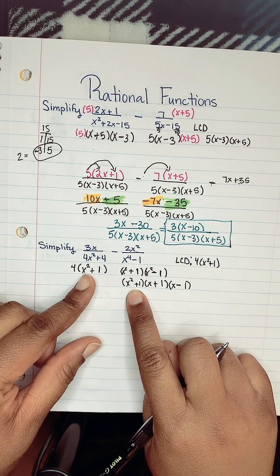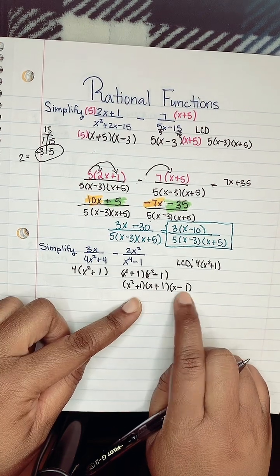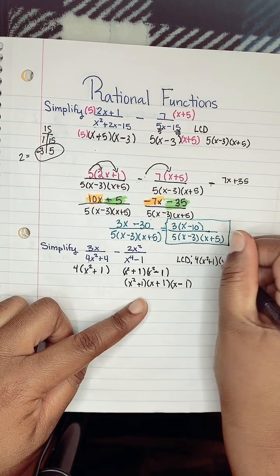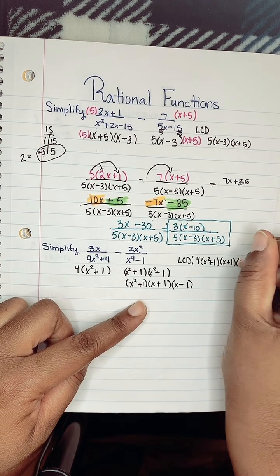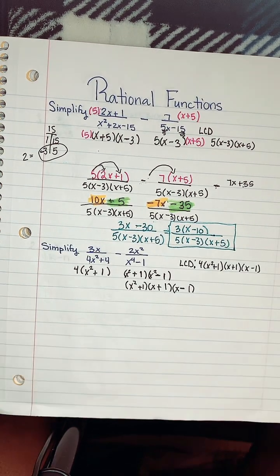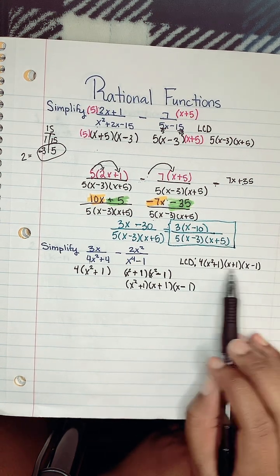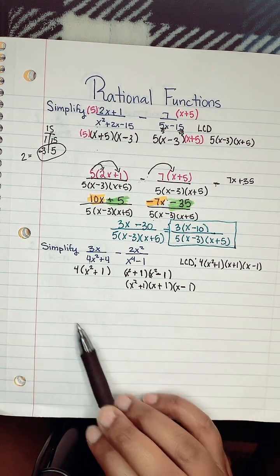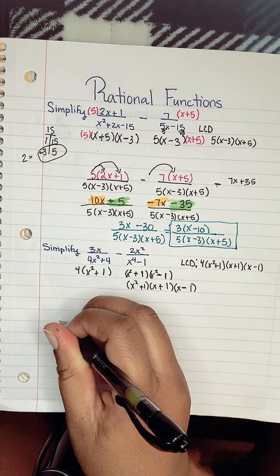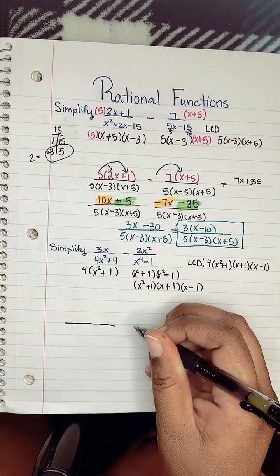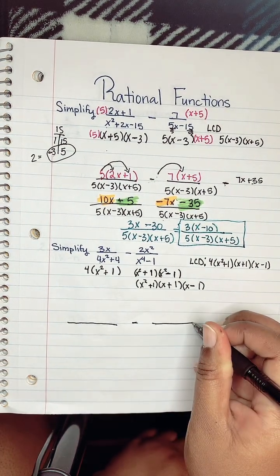And because they both got that, right? We got to take this too. X plus 1 and x minus 1. Okay. So this whole thing is going to be our least common denominator, okay? So I know I'm going to have that here minus here.